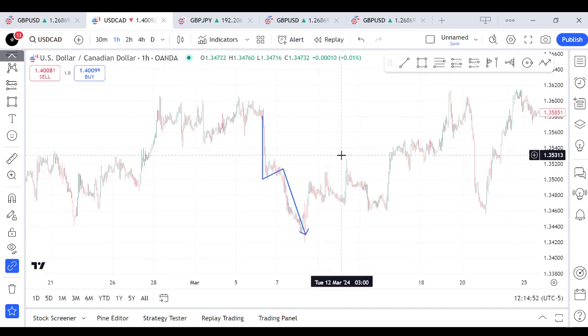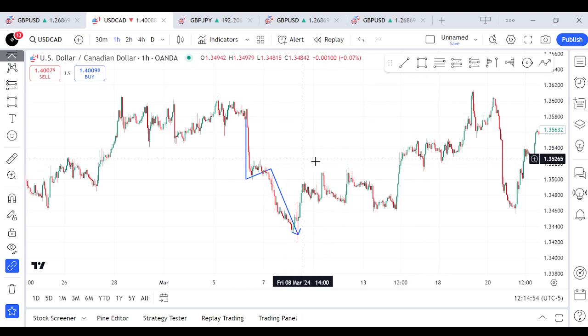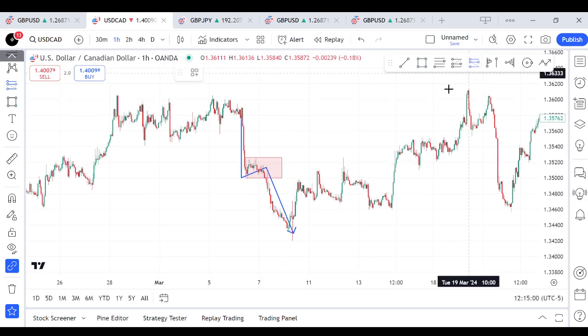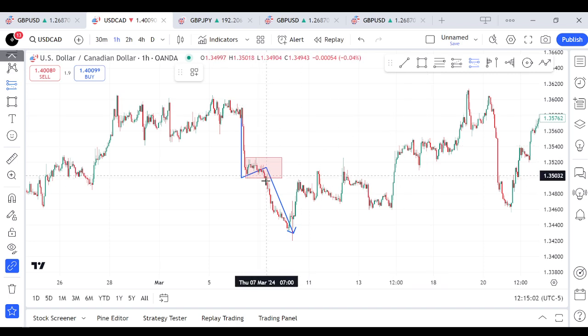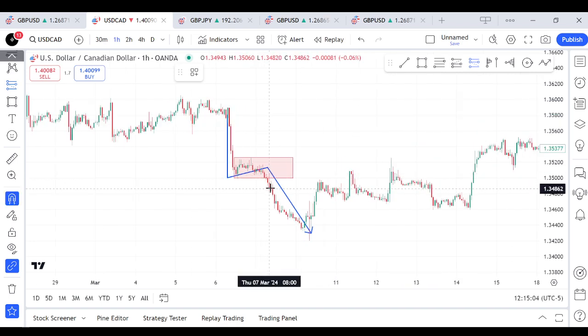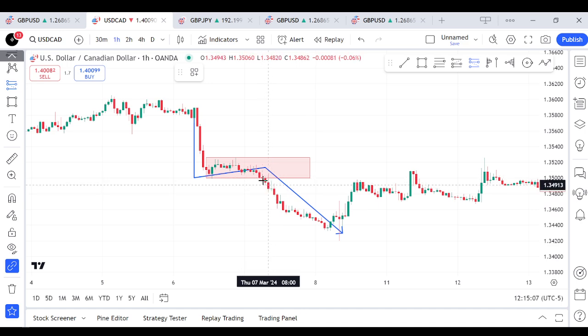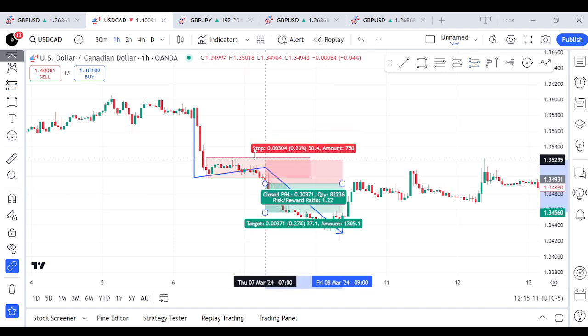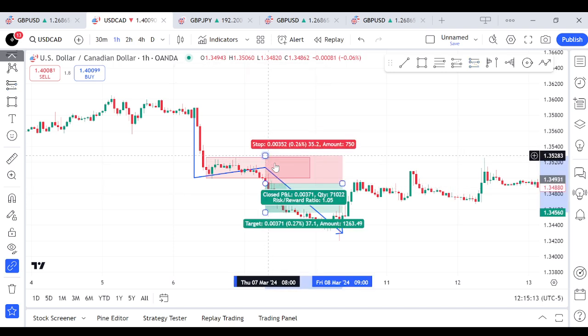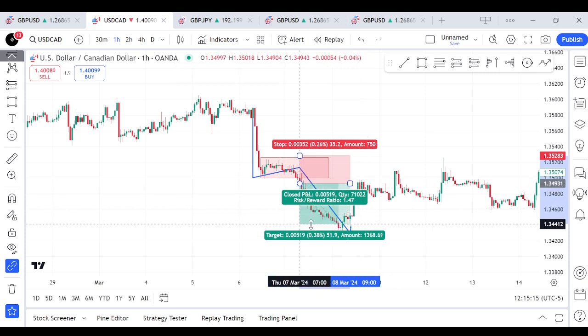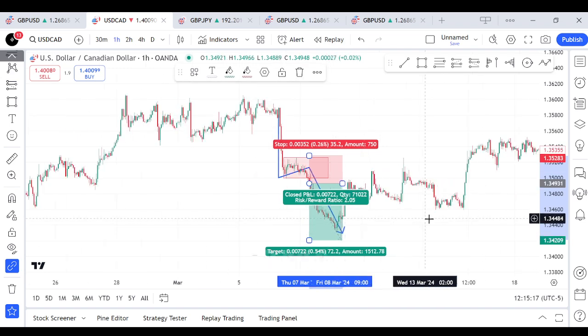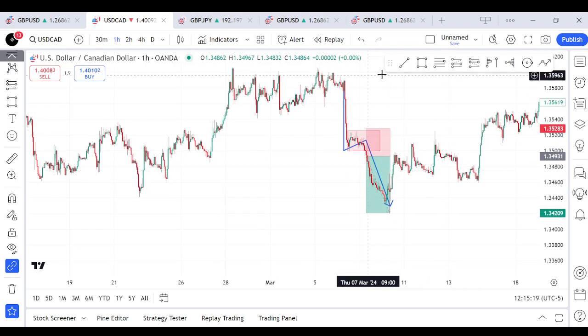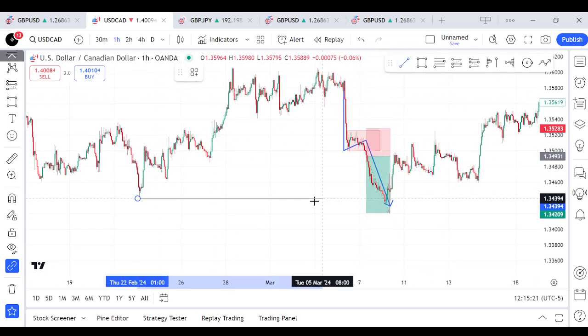Now this is another drop base drop, and this was the base. So if you are not a conservative trader, you could just enter after this breakout. You see this rejection, a couple of shooting star candles and doji candles right there. So you could just enter after any of them with your stop loss above the high of the base, and your take profit could be 1:1 or 1:2 or 1:3, whichever one you choose, or you could target support levels like this one.